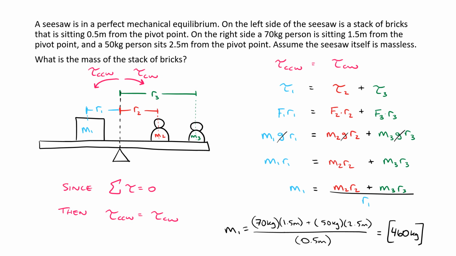So imagine I'm dividing everything by g. Then we have M1 times R1 equals M2 times R2 plus M3 times R3.